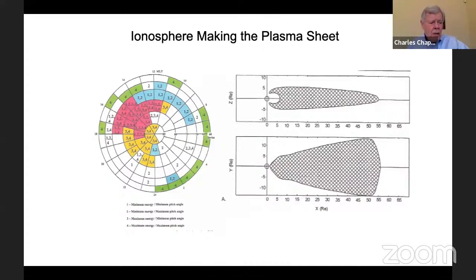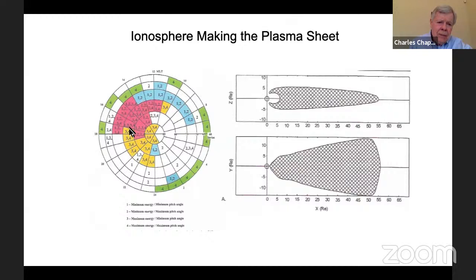Okay, this is another way of showing what Alex's model does. Alex can tell the difference between the two H+ sources. So it's a tremendously important thing right now. This is something that Matthew Huddleston did using Polar, measuring down low and measuring what's coming out of the ionosphere in different, this is noon, dawn, dusk, and latitudes from 90 down to 60 degrees.